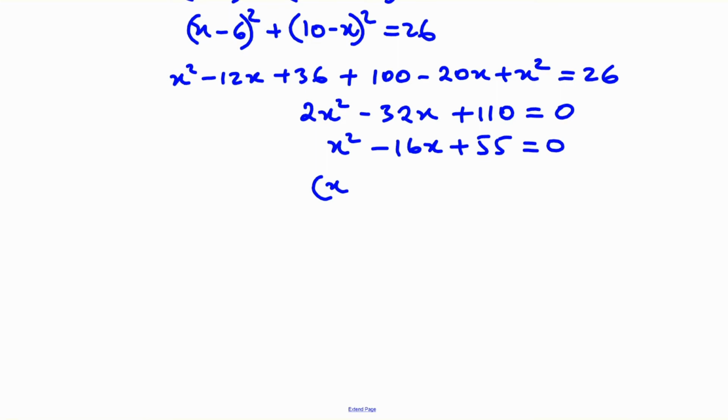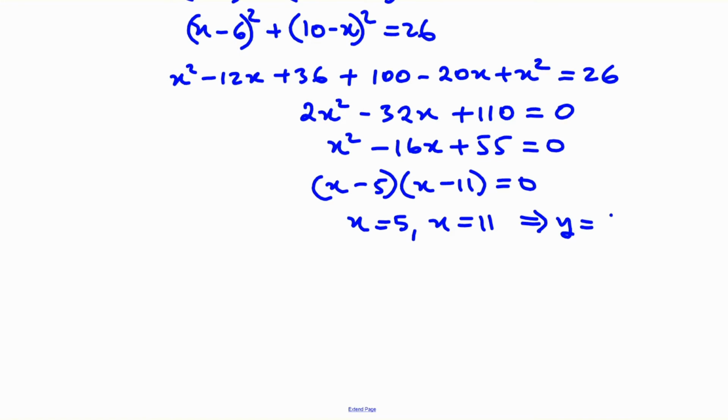Factorize that, we have x minus 5, x minus 11 is equal to 0. So either x is equal to 5 or x is equal to 11, which implies that, using our expression, y will be equal to 11 or 5. And we just need the two numbers. So the two numbers are 5 and 11.